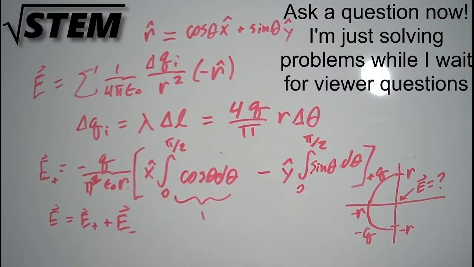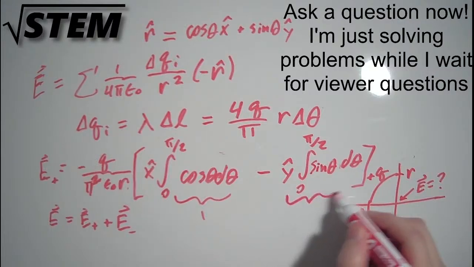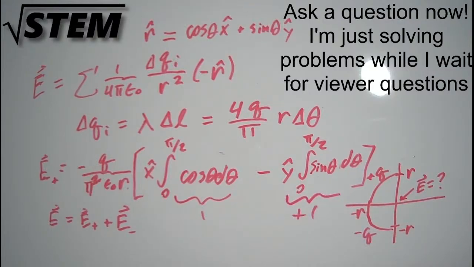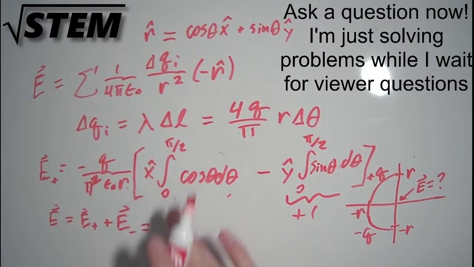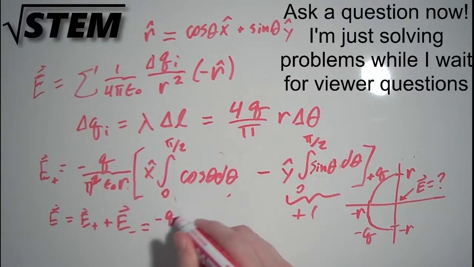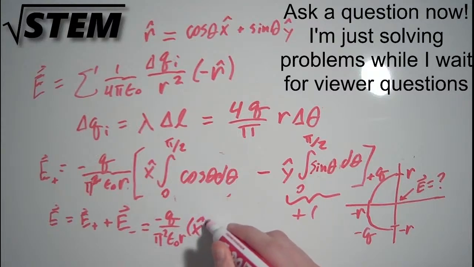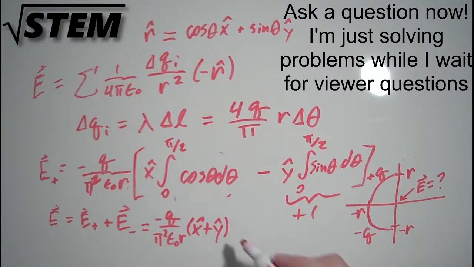So minus negative 1, you would get a plus 1 out of this. So altogether, these integrals are going to add up to just 1 in the x hat and 1 in the y hat. So that's, oh, I guess I should say it's minus q over pi squared epsilon naught r times x hat plus y hat, and then plus whatever we get for E minus.